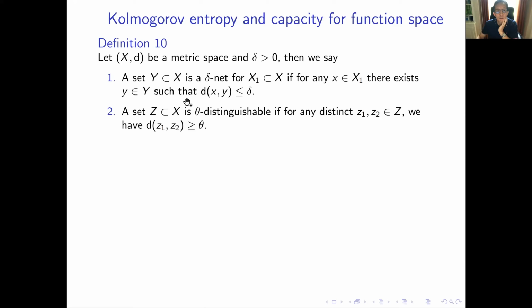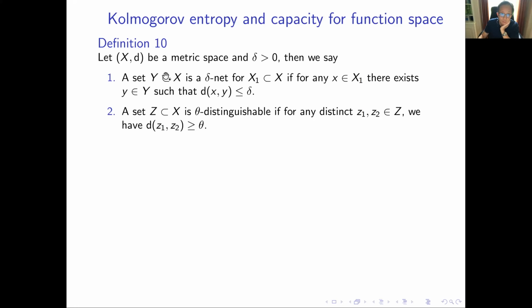So one way to describe a set as small is through the delta net. So basically, how many numbers you need to have in the set such that this set provides a delta net for this space. Okay, so basically every element in here is delta close to one of the elements here.